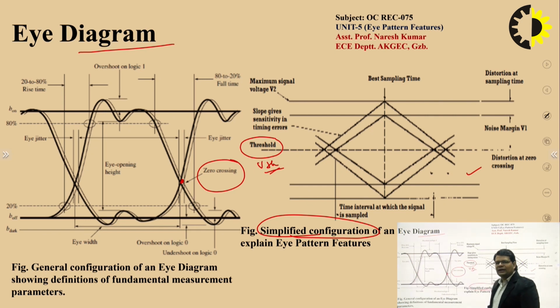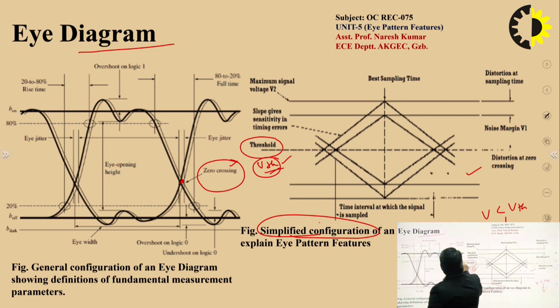If the sample magnitude is less than threshold, that is V is less than VTH, then decision is made in the favor of 0, that 0 is received, or otherwise decision is made in the favor of 1. So we can get some information about the threshold using this feature known as zero crossing.